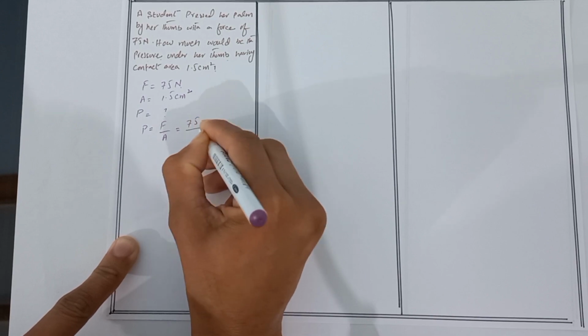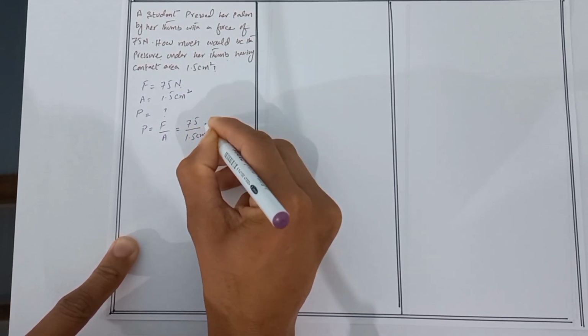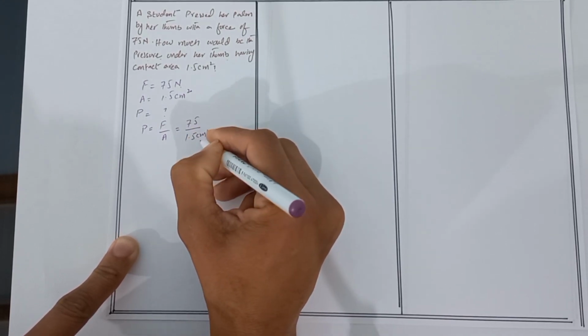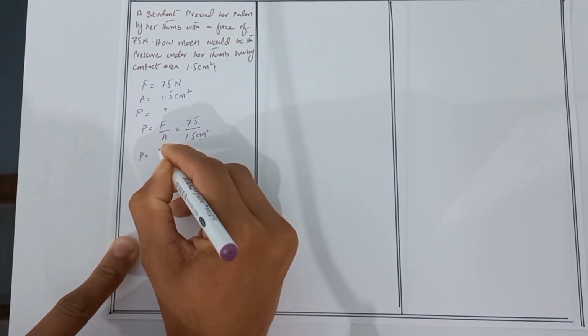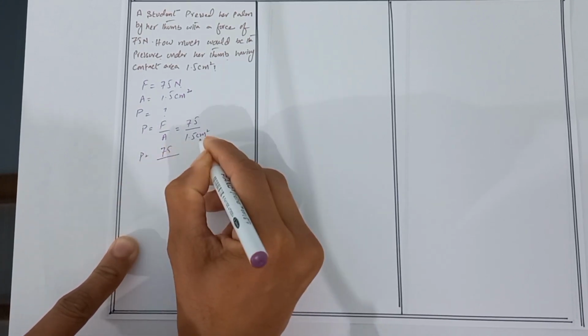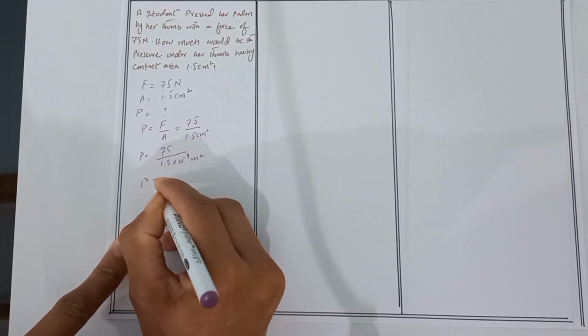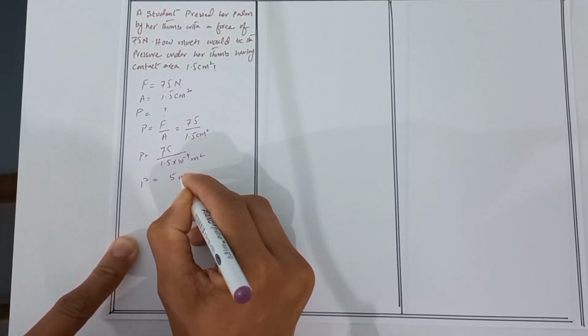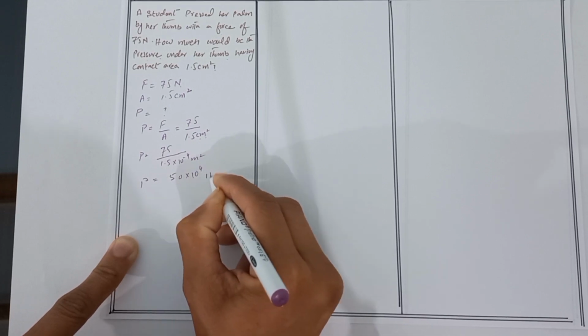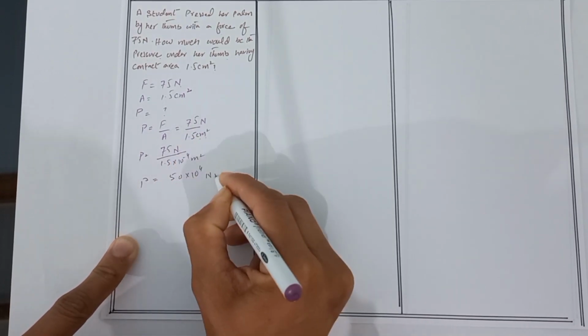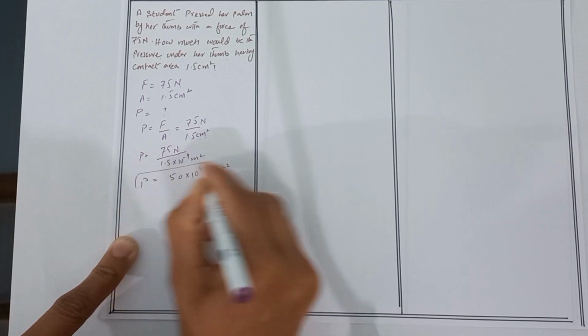Force is 75, area is 1.5 centimeter square. We change into meter. When we convert into meter, the value becomes 1.5 × 10^-4 meter square. Then the pressure is equal to 50 × 10^4 Newton per meter square. This is the pressure.